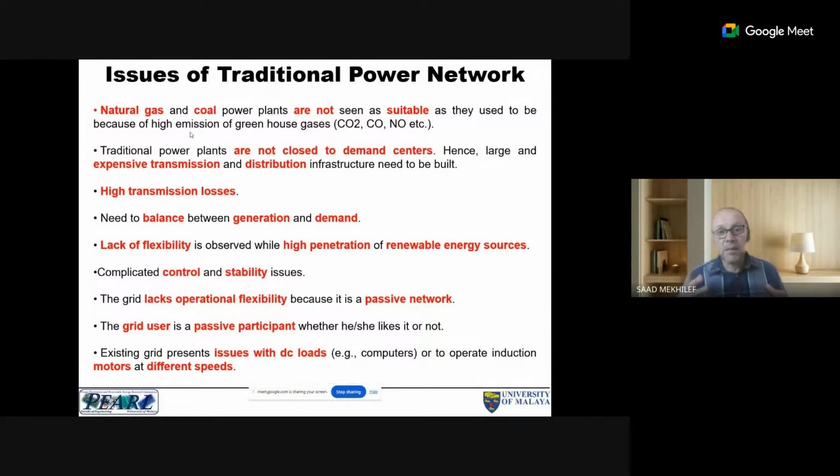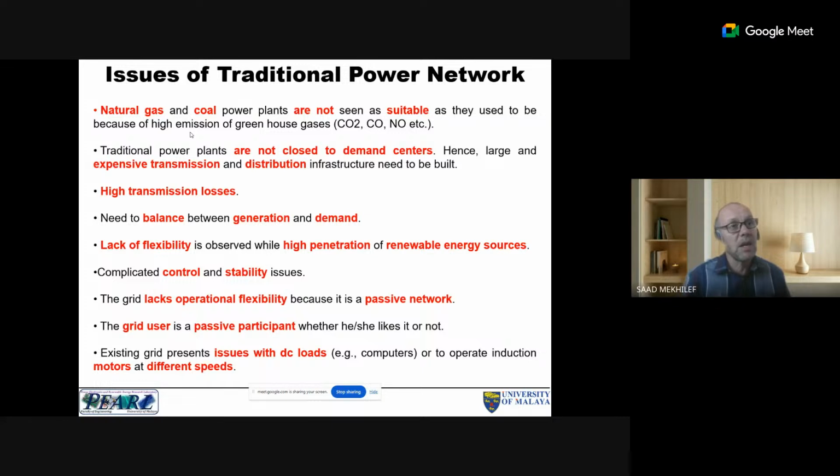These are the main three sources. Sometimes some countries have some nuclear, which is also considered part of the traditional, and maybe some traditional large hydropower. But mainly the three components are natural gas, coal, and oil or petrol.